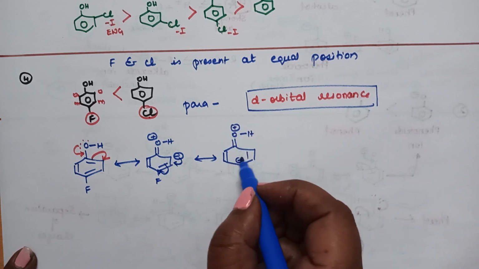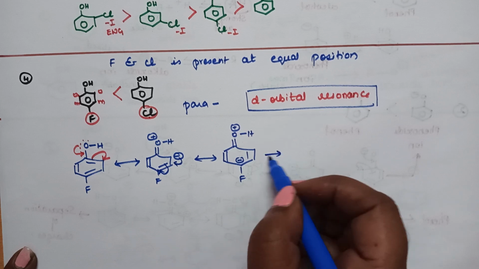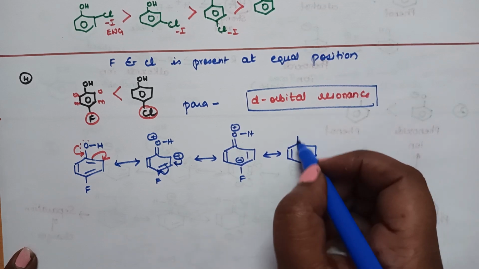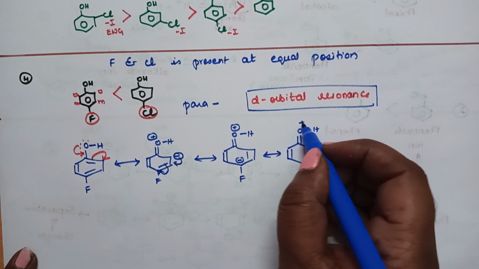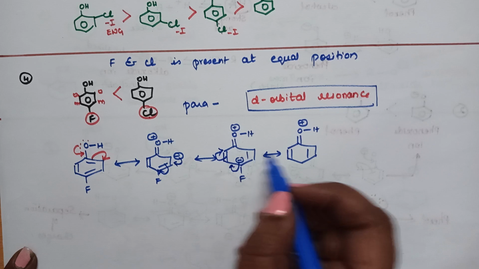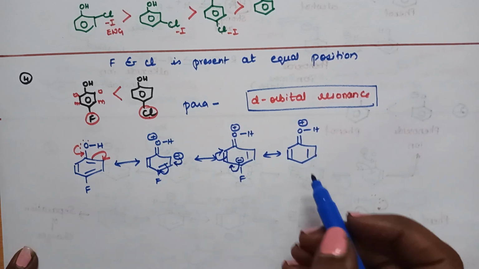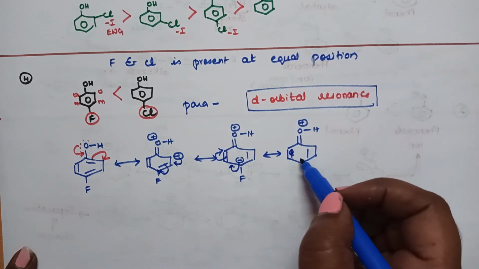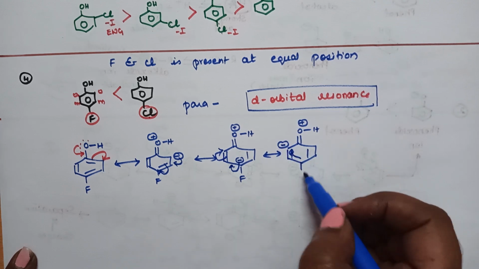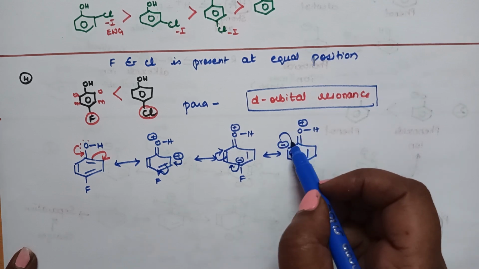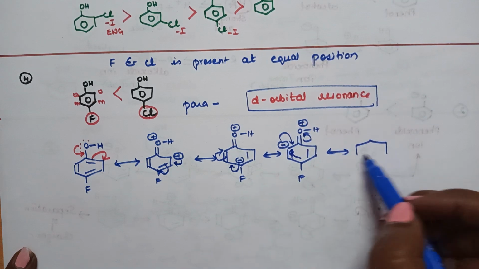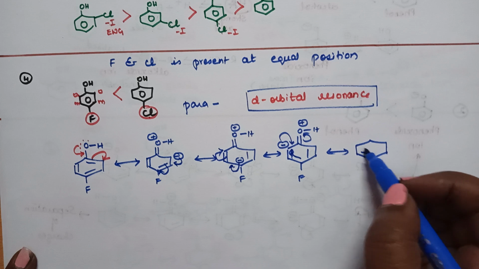So negative sign here, F. These negative electrons will shift here, shift this bond. Sorry, this becomes here and here negative sign. Finally shift this and then this bond. So you will be getting.